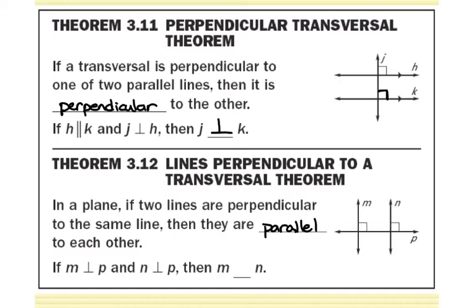Okay, so I'm going to mark this that M and N are parallel. So that is the perpendicular transversal theorem and the lines perpendicular to a transversal theorem. And we're going to use those in an example here.